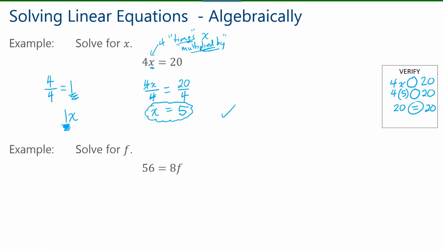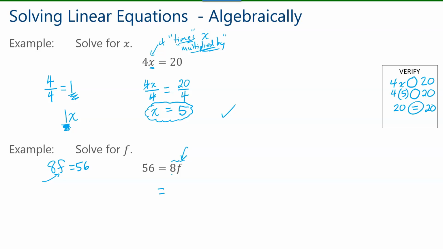Solve for f. My variable here is on the right-hand side. If you wish to do the flip-flop that we've talked about, you could write down 8f equals 56. As I said before, some people like to have the variable on the left-hand side, but we can solve this equation as is. This means 8 multiplied by f. The opposite of multiplying by 8 is dividing by 8.